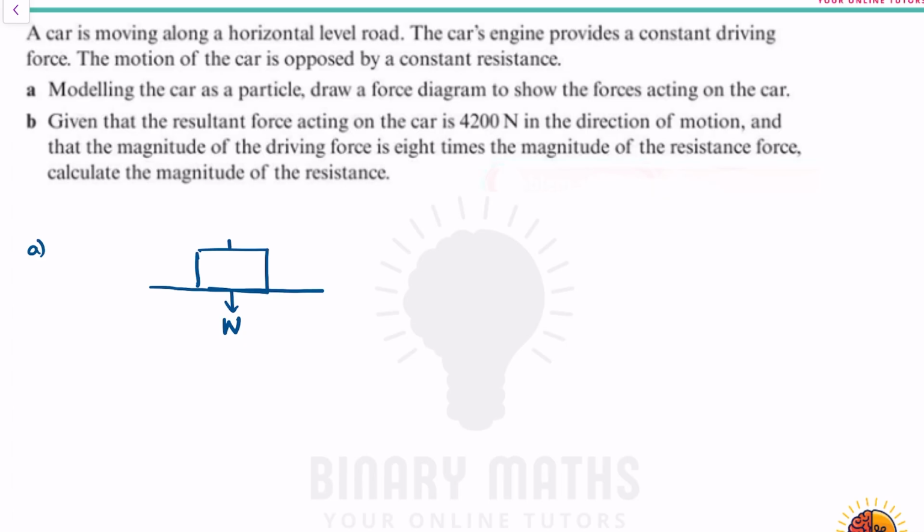Because the car is touching the road, there must be a reaction force pushing it up. There is a driving force pushing it forward. And there's a resistance as well, which is acting in the opposite way of the driving force.